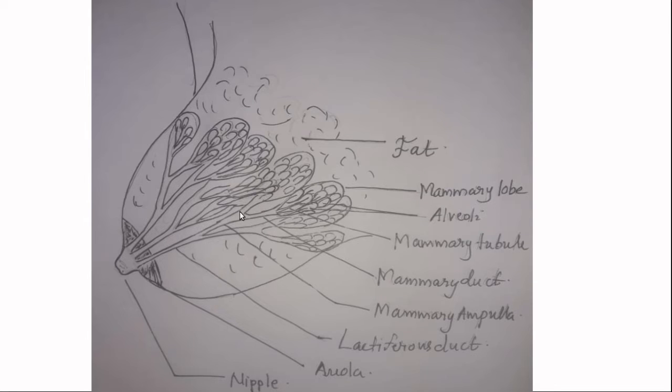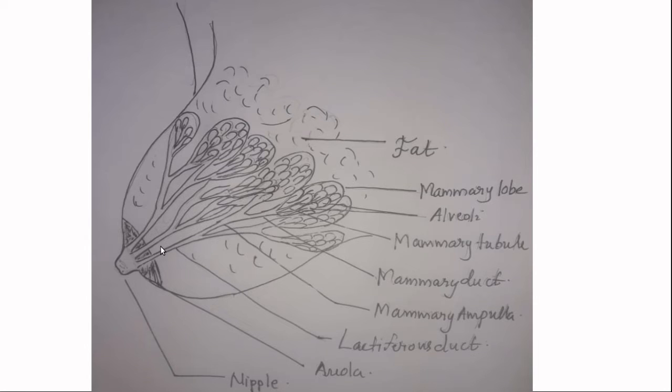Now the mammary ampullae that come from various lobes, the different mammary ampullae, join together to form another common duct that is called the lactiferous duct.